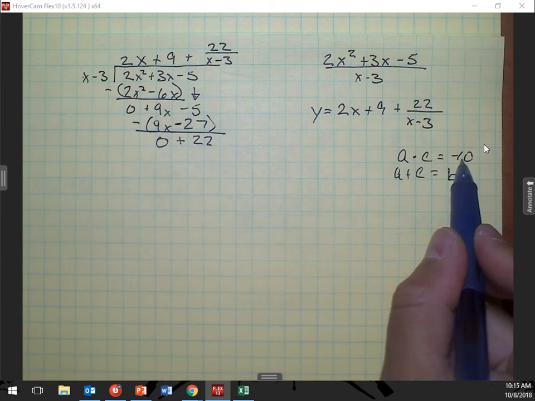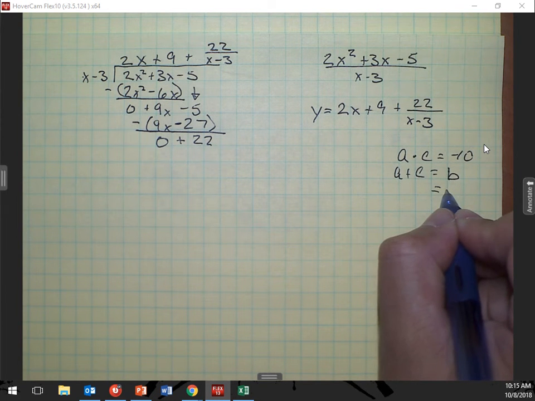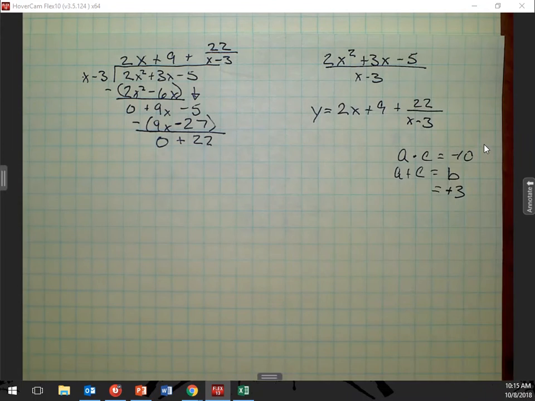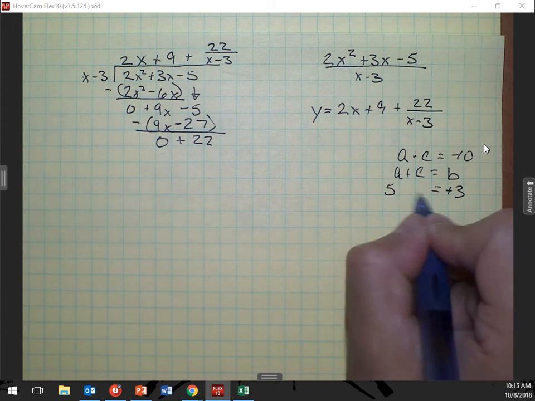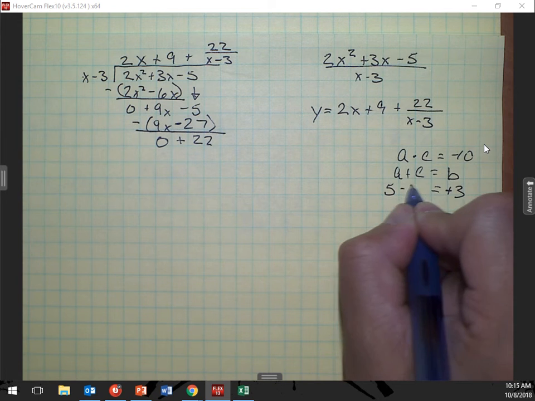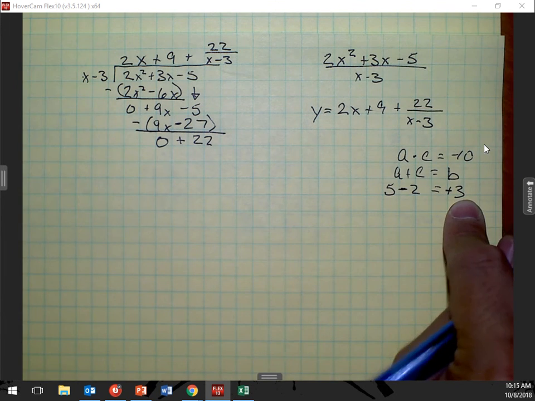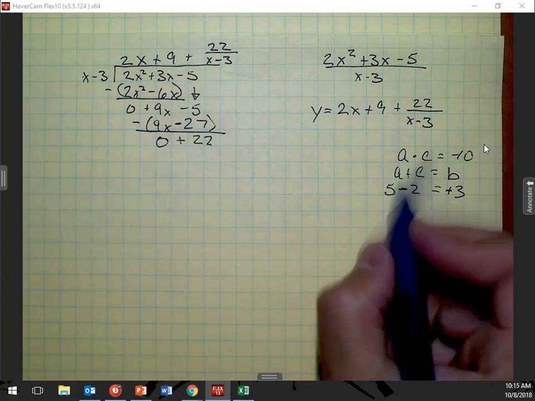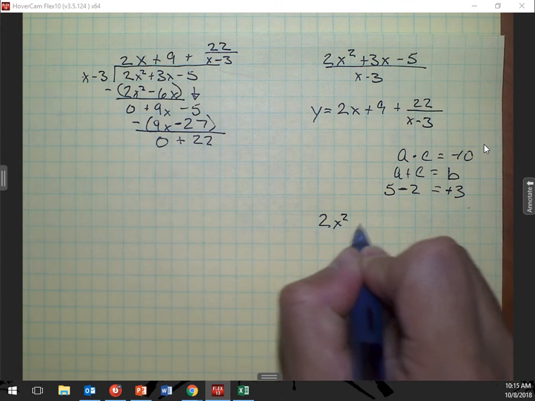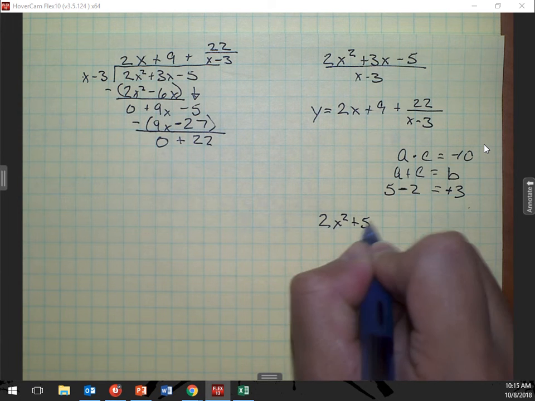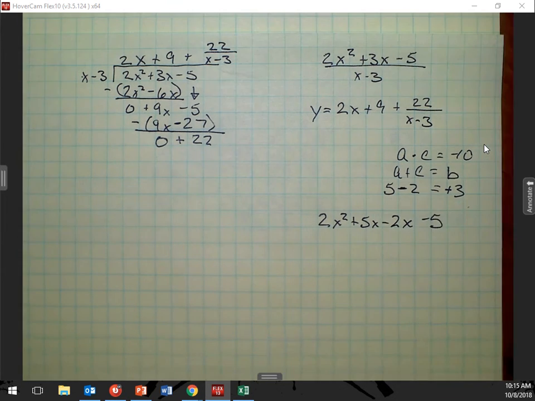What two numbers multiply to negative 10 and give me positive 3? 5 times negative 2. So it's going to be a positive 5, and minus 2, right? So those are the factors I'm going to replace my middle term with. So it's going to be 2x squared plus 5x minus 2x minus 5.